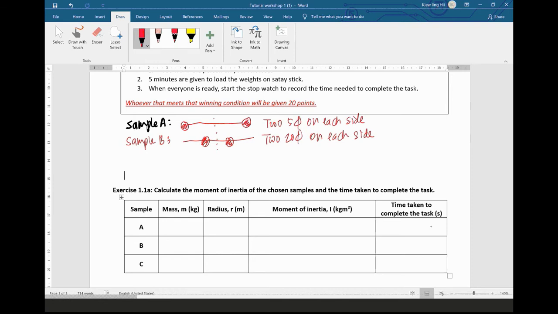So the mass of 5 cents we have already measured is 1.75 grams. Very light, right? And the mass of 20 cents is 5.63 grams.